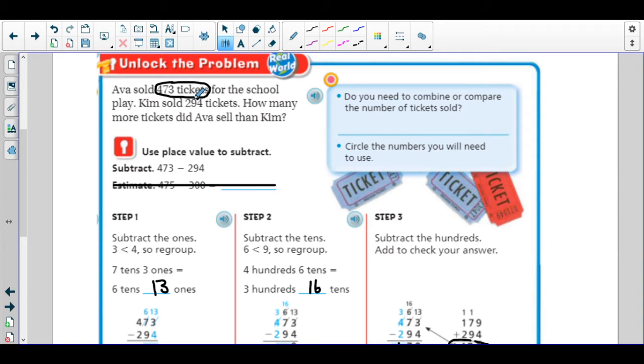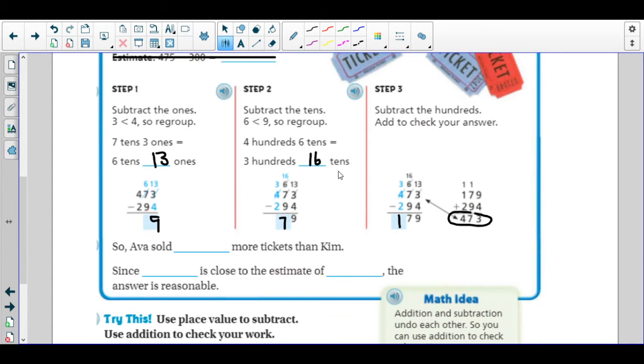Kim sold 294 tickets. How many more tickets did Ava sell than Kim? And so we would subtract that and get 179.